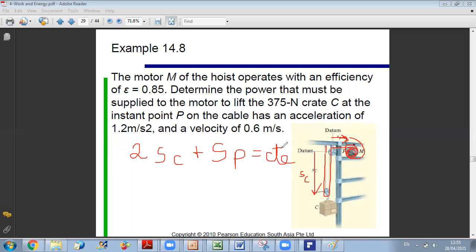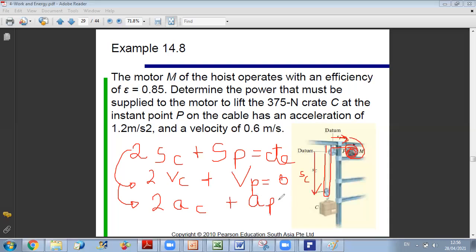And now, if I differentiate this relation with respect to time, I get that 2VC plus VP is equal to 0. And now if I differentiate again, I get 2AC plus AP equals 0.